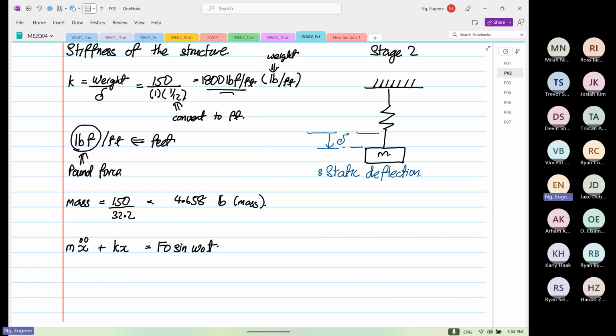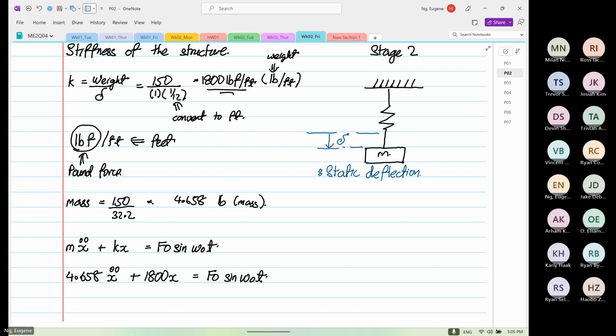So the mass will be equal to 4.658 x double dot plus the stiffness. So we have found that our stiffness is 1800 x, and this will be equal to F naught sine omega naught t.